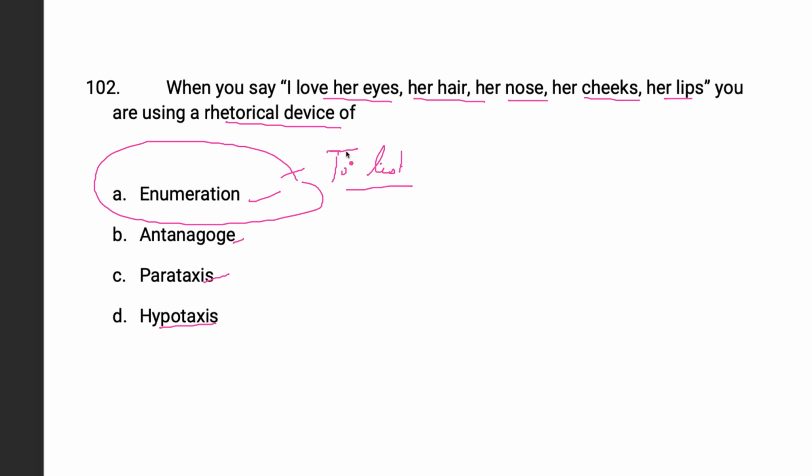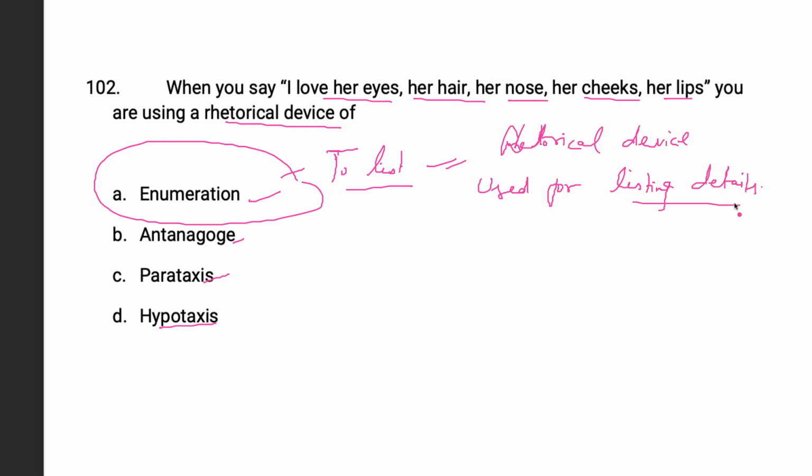But when we use it in literature, whenever we use a few words or expressions or phrases back to back in a list form, it is enumeration. It is a rhetorical device used for listing details. So he is describing her eyes, her hair, her nose, her cheeks, her lips. All these parts have been listed.